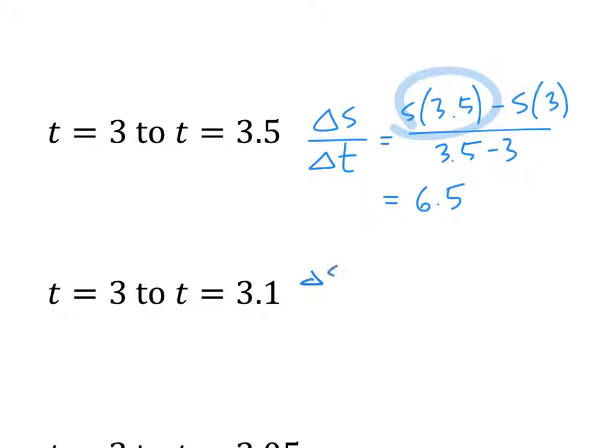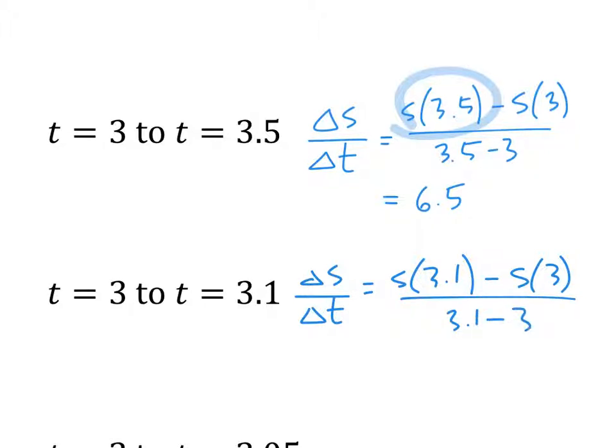Okay, so change in distance over change in time. Distance at 3.1 minus distance at 3 over 3.1 minus 3. So what is that average velocity? So calculate it.